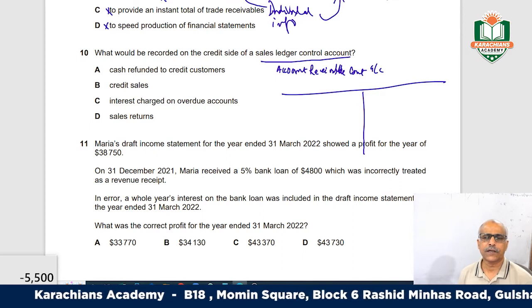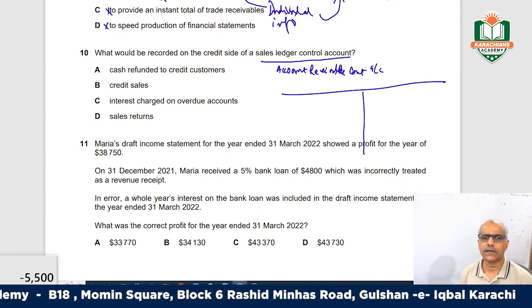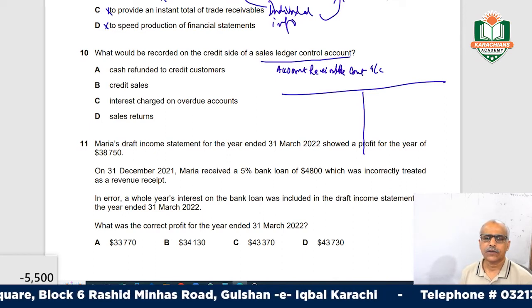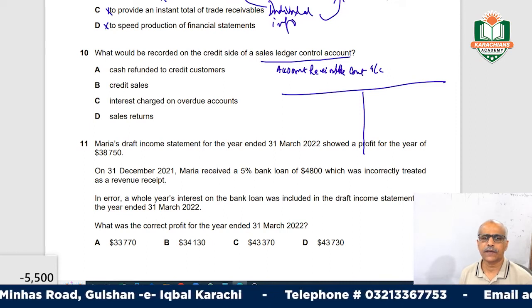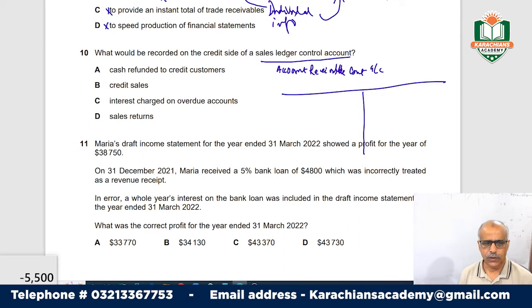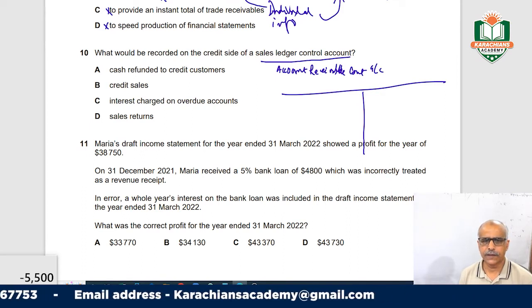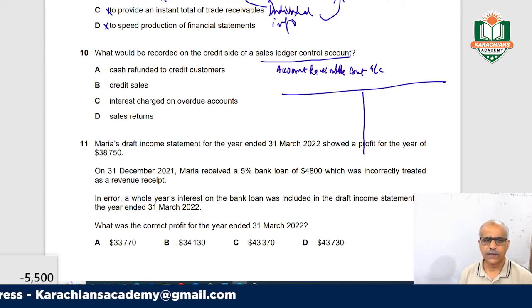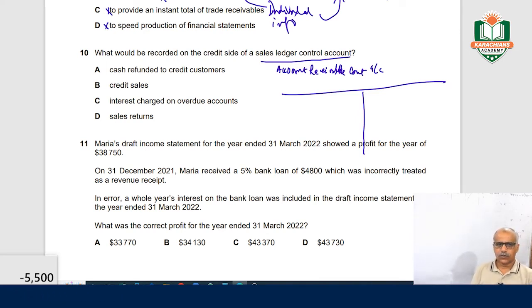So what would be recorded on the credit side? If you are refunding some cash to a credit customer, what entry do you make?